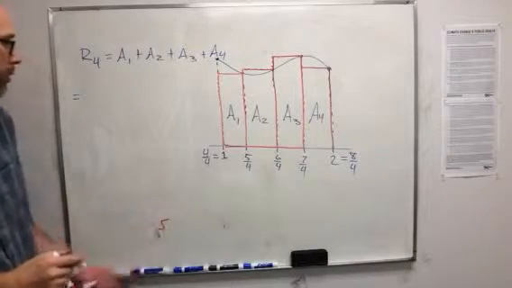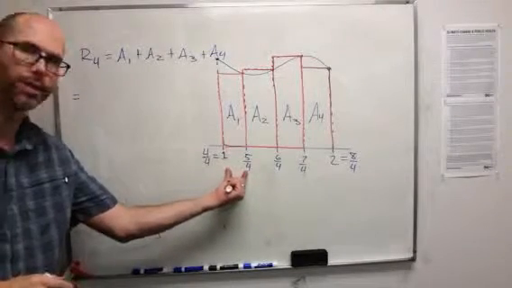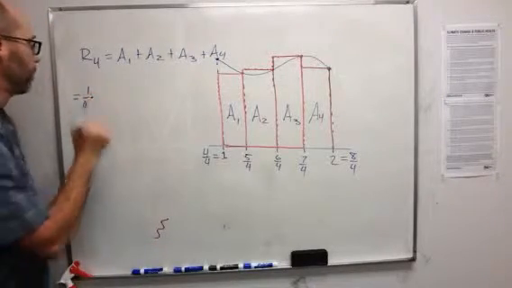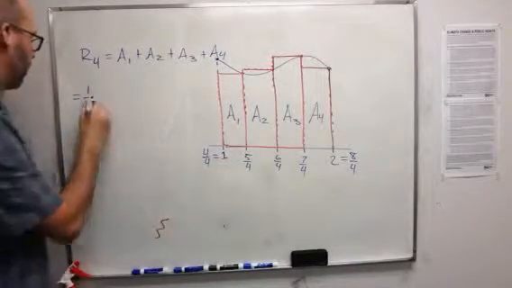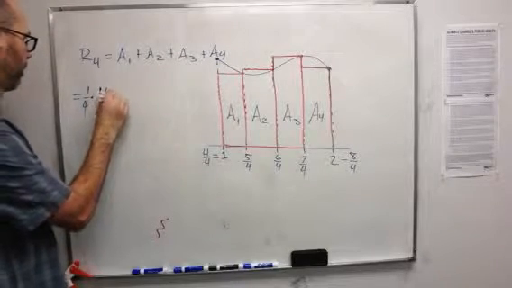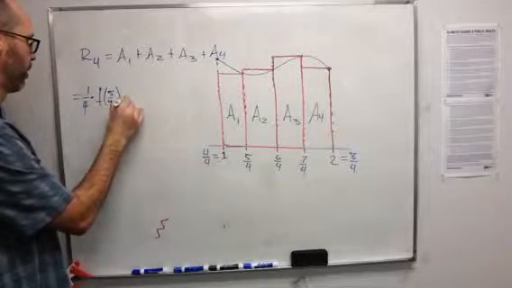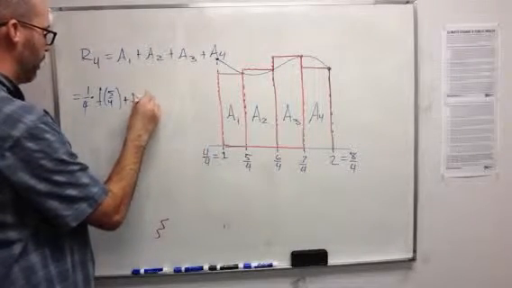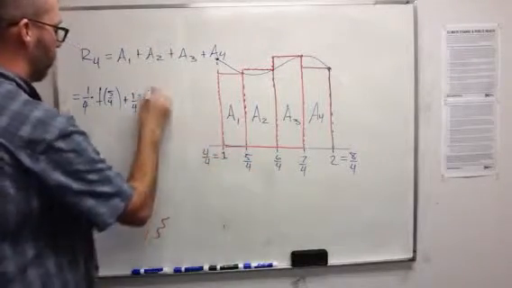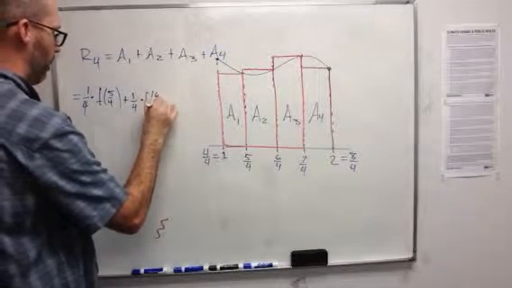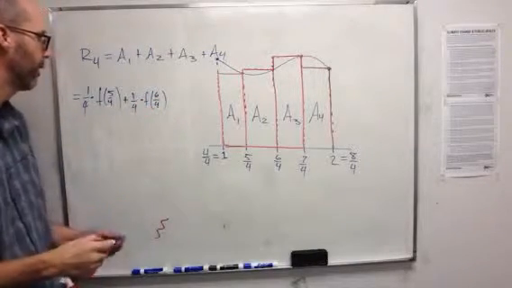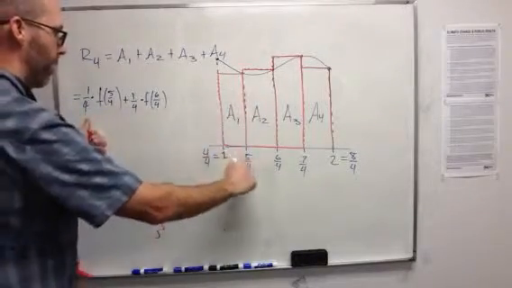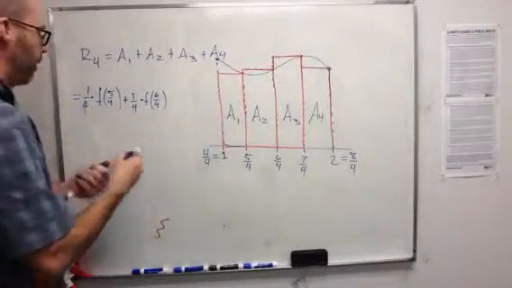Area 1 is this distance, which is a quarter, times f of the rightmost endpoint, added to area 2, again a fourth, times f of the rightmost endpoint. This is just length times width. We got the length, which is a fourth, and the width is how far that guy goes up.